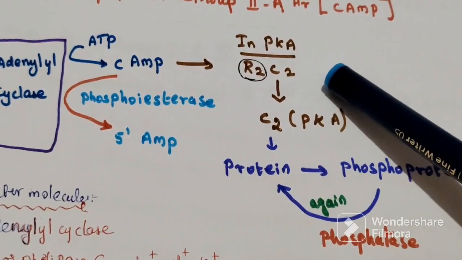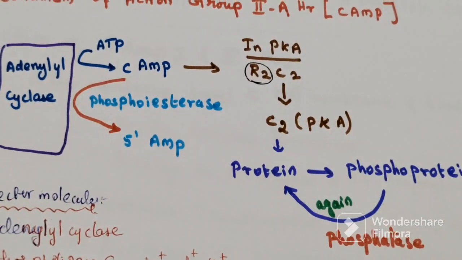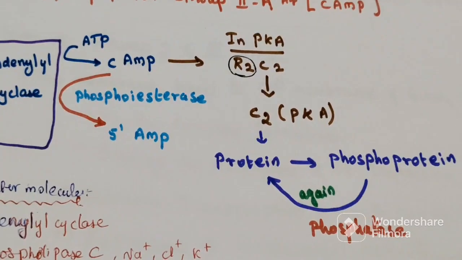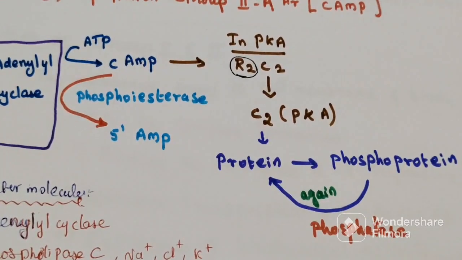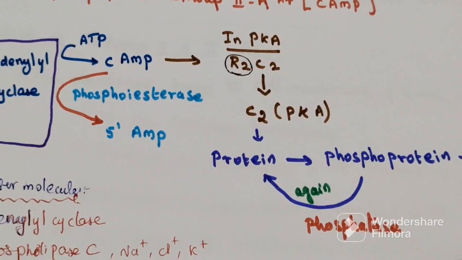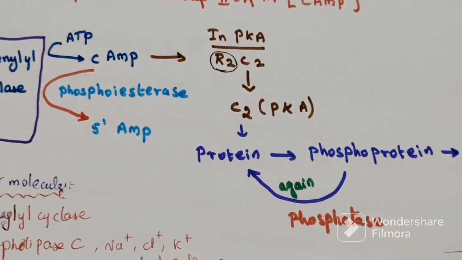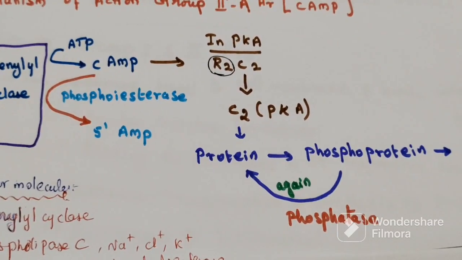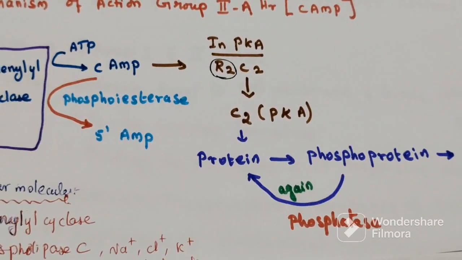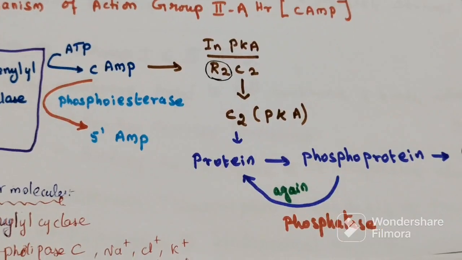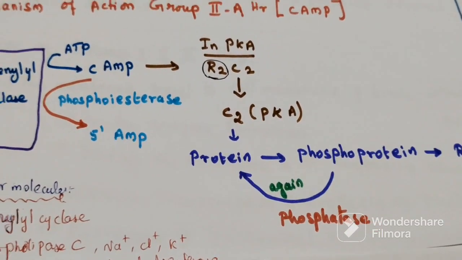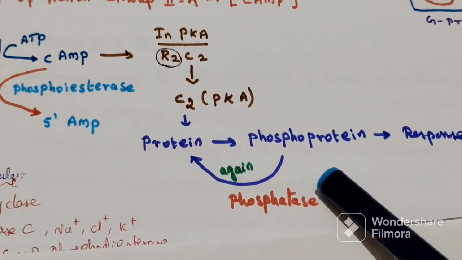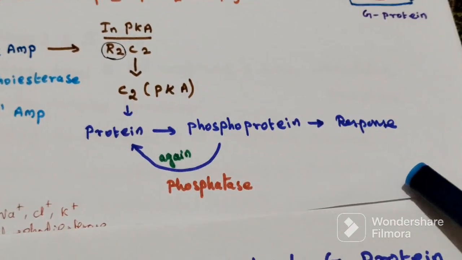C2 is the catalytic unit, R2 is the regulatory unit. Now the C2 unit is activated, and this activated unit causes conversion of protein into phosphoprotein, which shows the response.